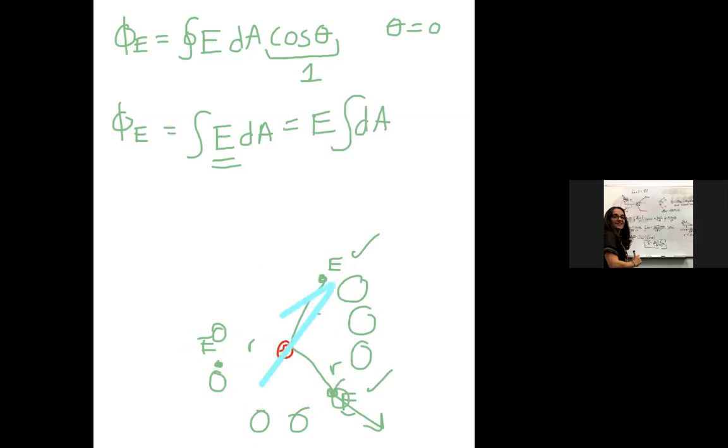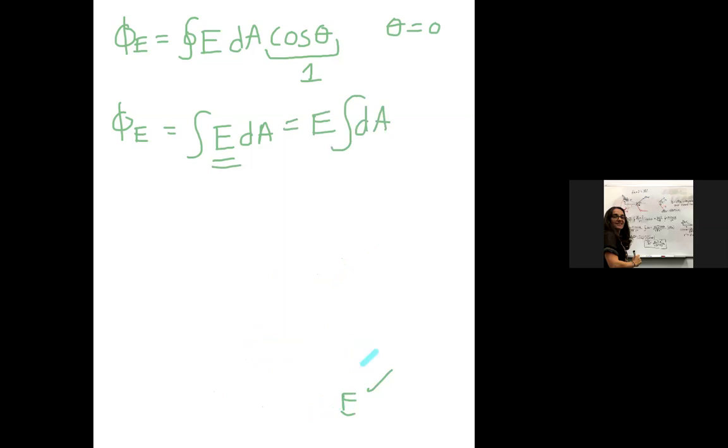Now what happens when I integrate every little element of area over the whole area? Well, I just get the area back. So this is just E times A. That's it. E times A.